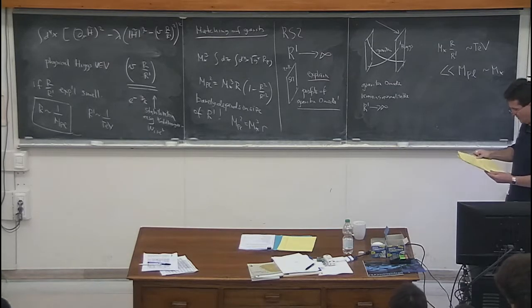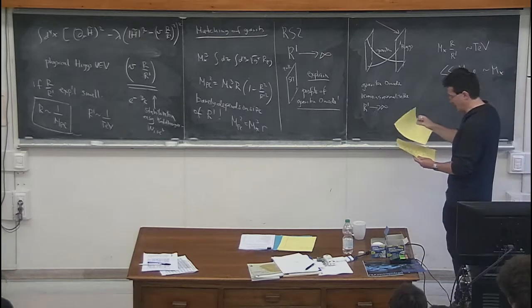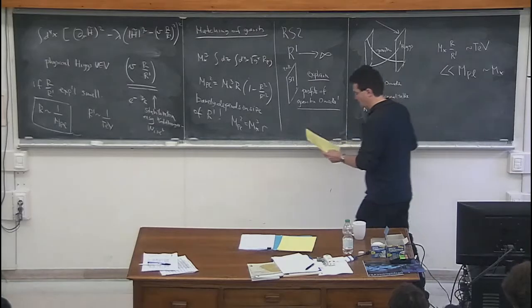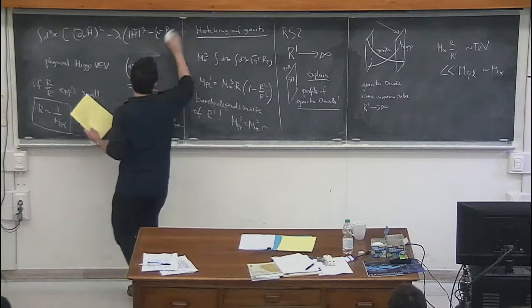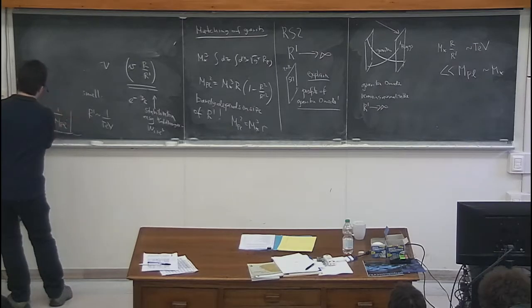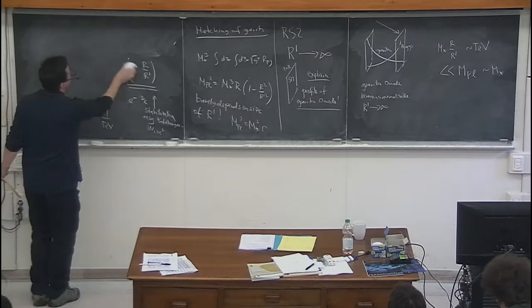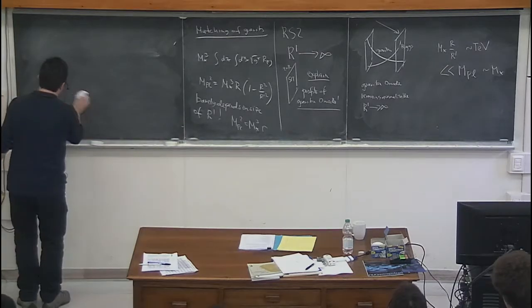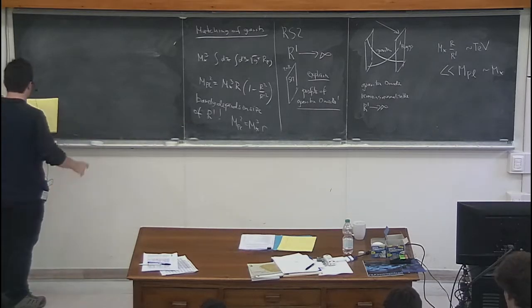Before I get to the next topic, I would like to exactly address this question of what happens to the KK modes. First, I will not do it for the graviton, just because the equations are more complicated. As usual, I will do it for a scalar field. So how do we do a KK decomposition for a scalar in the warped extra dimension?